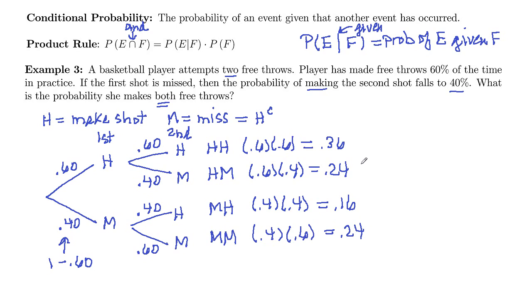If you add these up, everything totals up to 1.00, which is 100%. And we want to know the probability that we make both. So that's 2 hits. The probability that you make both, hit the first and hit the second, by the product rule, is 0.36.